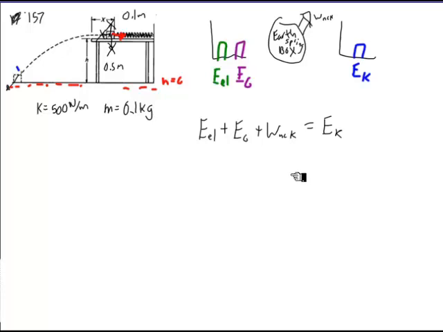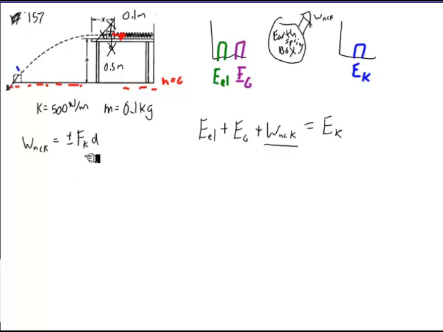We can make some substitutions here, but first let's think about what this is going to be, because this is the only one that's not directly spelled out to be the same every time we plug it in. So work done by a force is equal to plus or minus the parallel component times the distance.